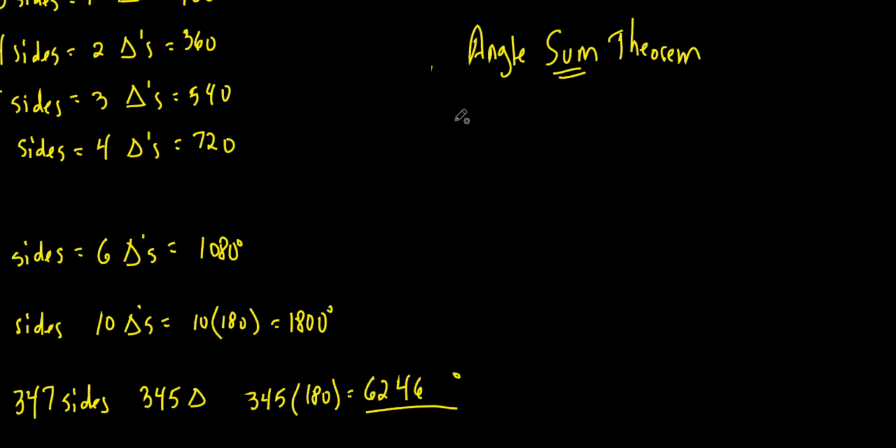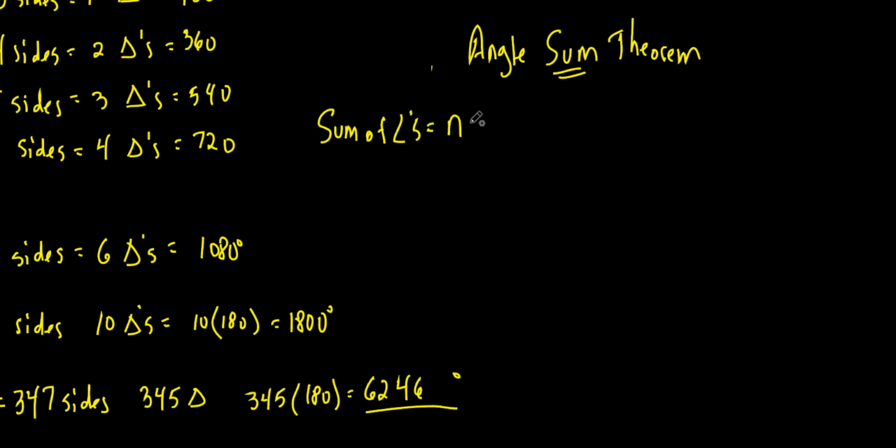Now, they use the letter n to represent how many sides we have. So like the 347, that would be n. The 12 sides, that would be n. The 8 sides would be n. So how do I find the sum of all the angles of a polygon with n number of sides?